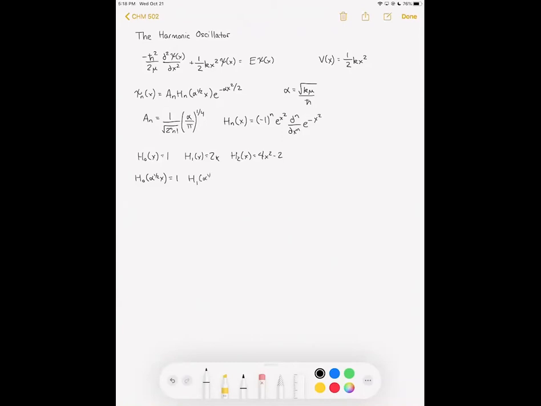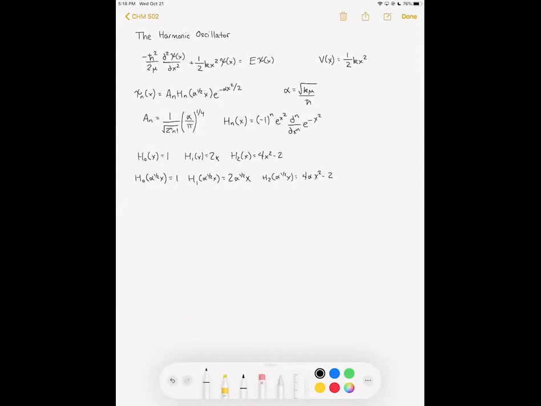Our H1 as a function of alpha to 1/2 times x is now equal to 2 alpha 1/2 times x. Our H2 as a function of alpha 1/2 times x is equal to 4 alpha x squared minus 2, and so on. So be sure you do that. That term there in our wave function solutions is not times the square root of alpha times x, but it's showing that our Hermite polynomials are functions of the square root of alpha times x.